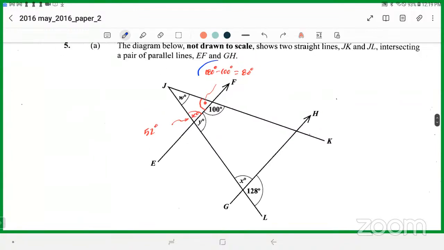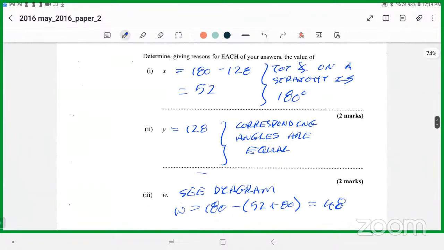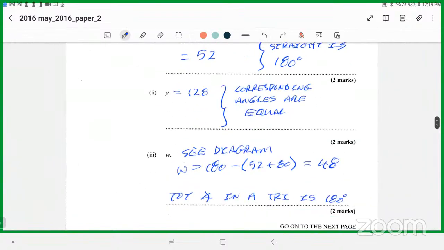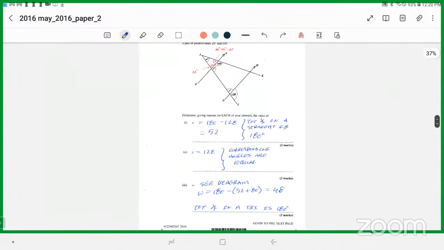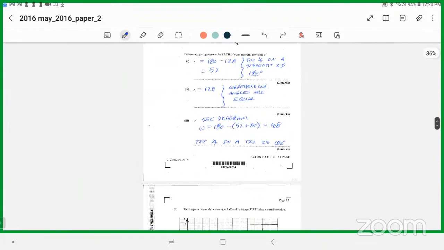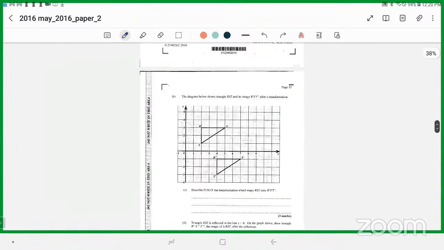Mark it, put them there, and say to the examiner, see the diagram. Then I show my work and put my reason. All right, that's it. It's only 2 marks, so you have to do it the easiest way possible. So use the diagram if it's on the page. The diagram is a part of the solution. All right, good.